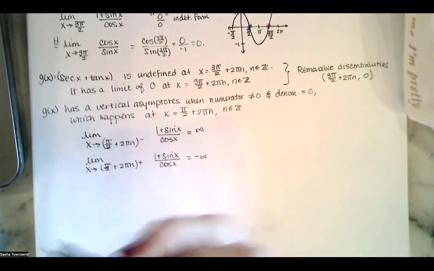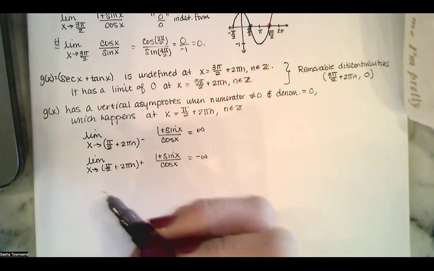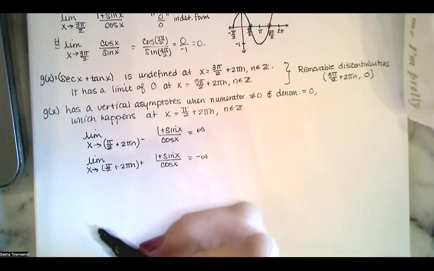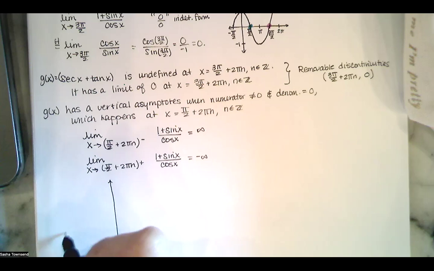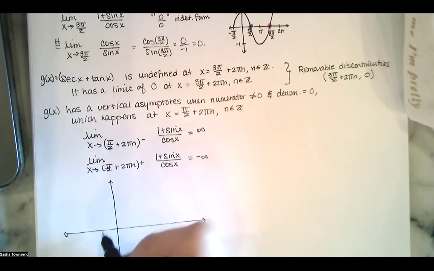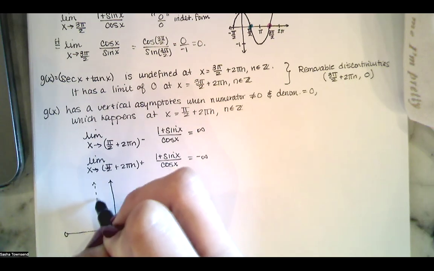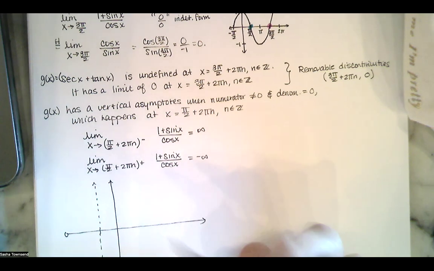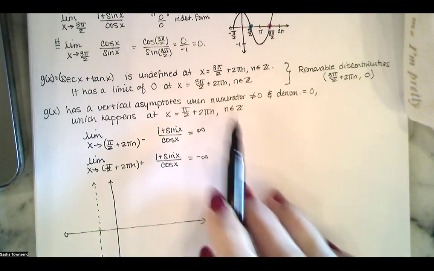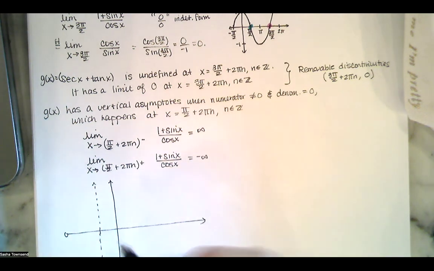So if I want to graph this secant of x plus tangent of x now, we've got an asymptote at negative pi over 2, I think. Is that right? Here's pi over 2. Here's pi. Here's 3 pi over 2.